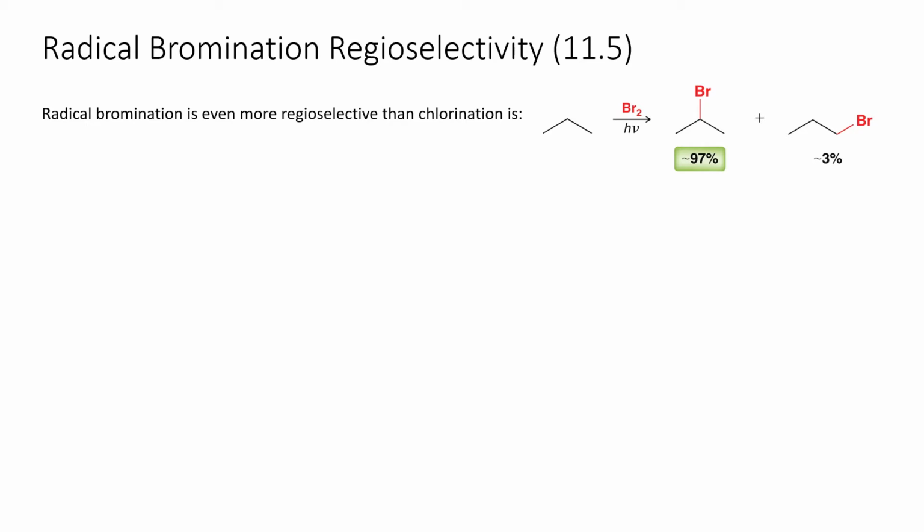Now, when we're discussing radical bromination, the regioselectivity, radical bromination is even more regioselective than chlorination. So when we take propane and react it with bromine with irradiated light, we get 97% of the secondary versus that of the primary. And the difference stems from the reaction energetics.